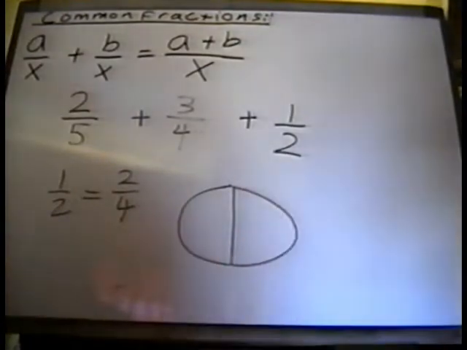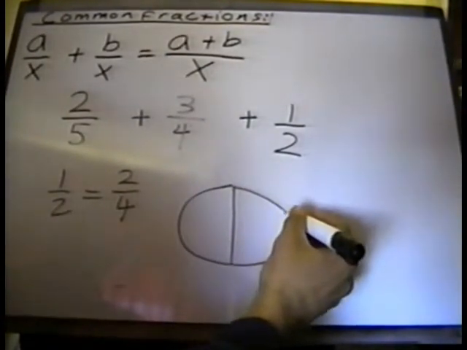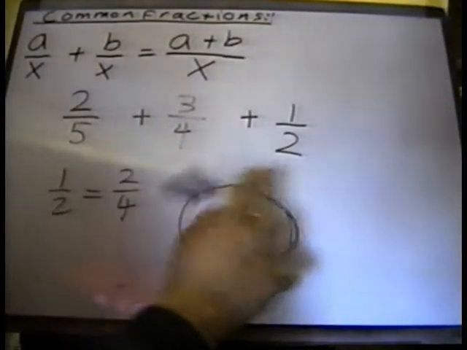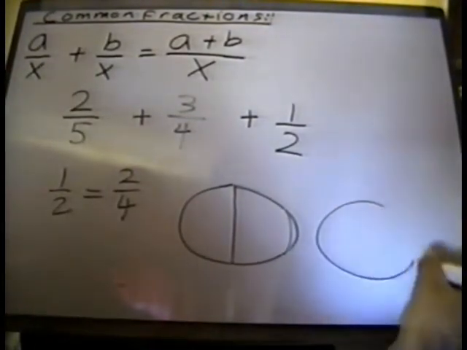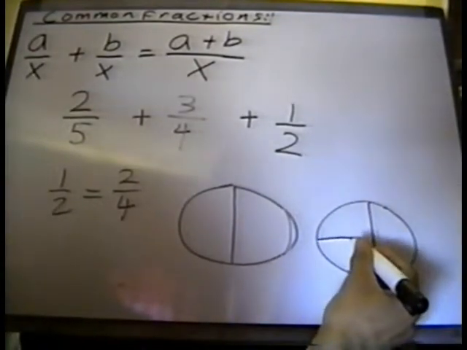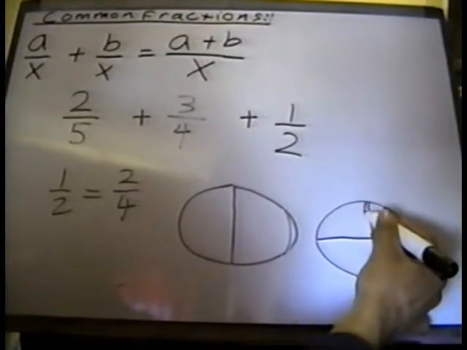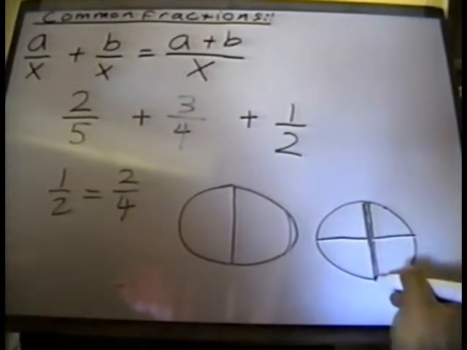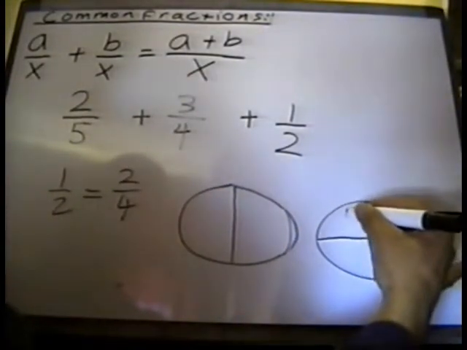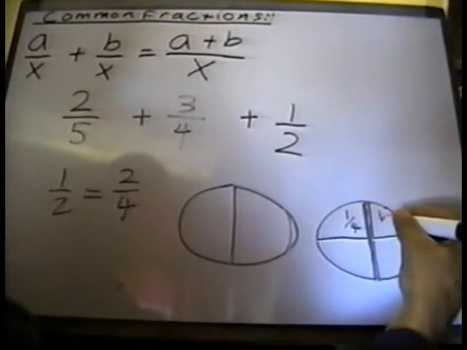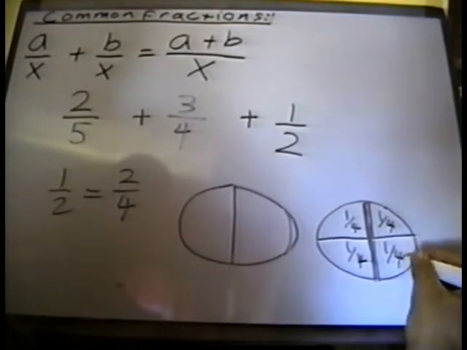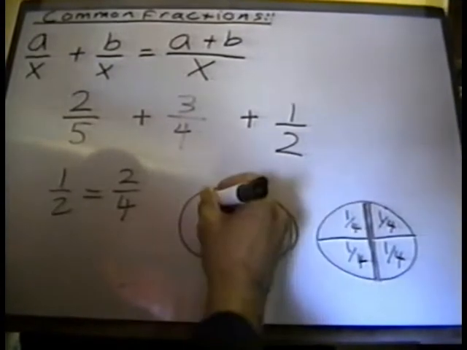Let's say this represents half. It's not perfect. And it represents half. If I cut each half in half, I'm cutting it into 4 equal parts. And this is 1/2.